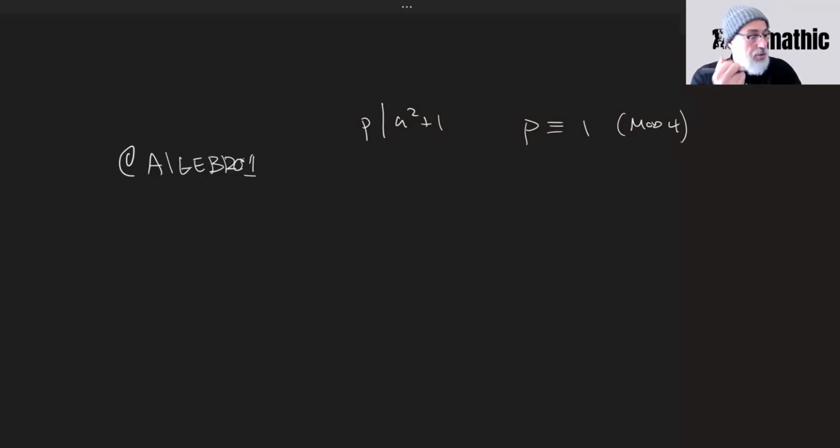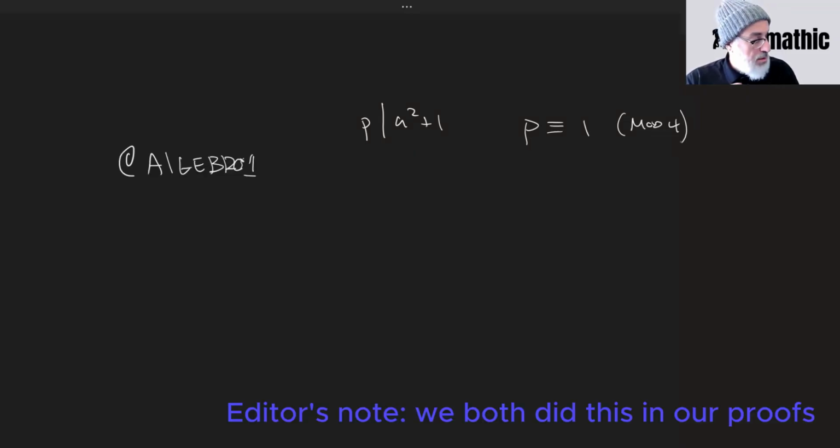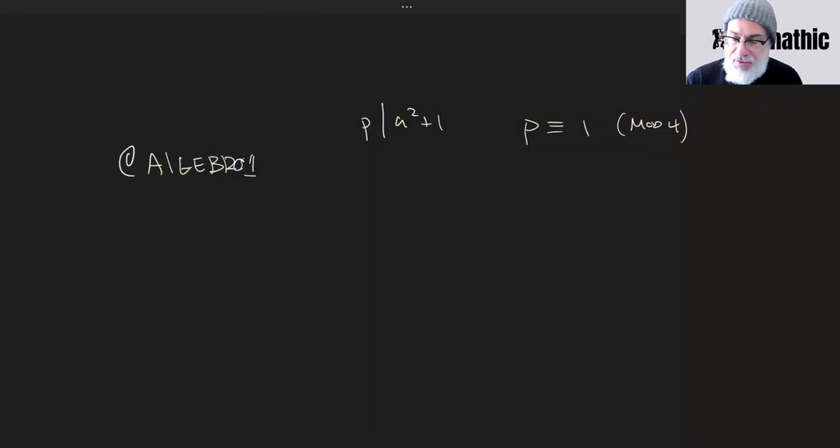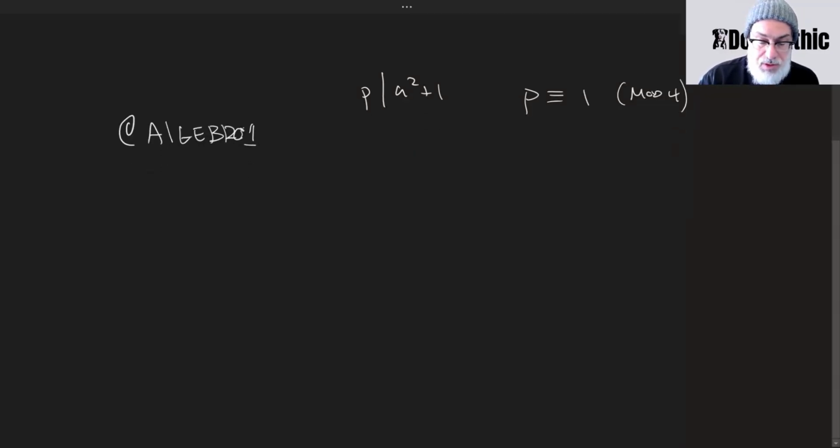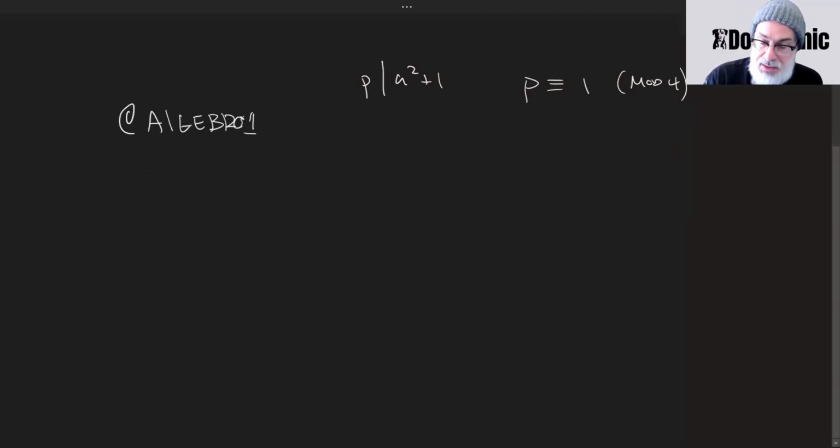All right, so my first instinct is to look at what a squared might be mod 4. The reason is because I've done videos where I've proven that squares are pretty well behaved in even mods like 2, 4, 6, 8. So let's look at a squared mod 4.